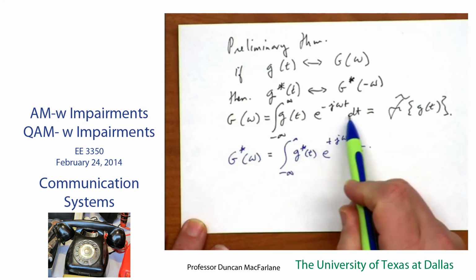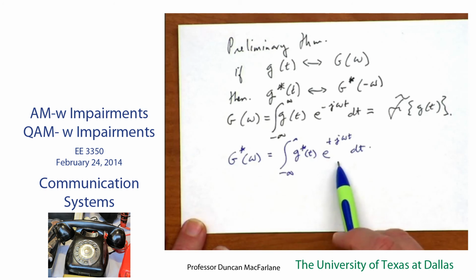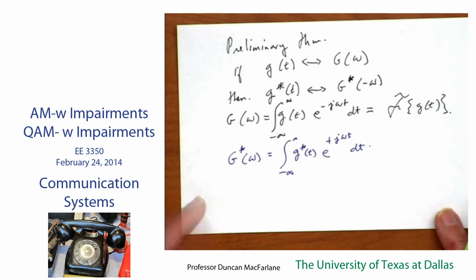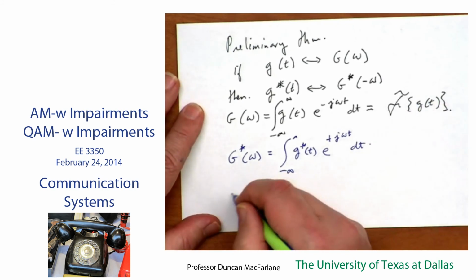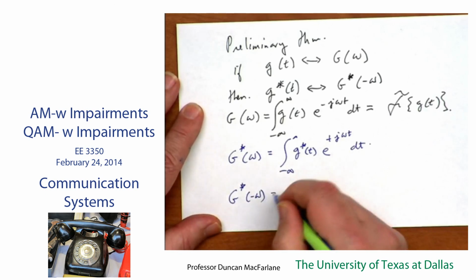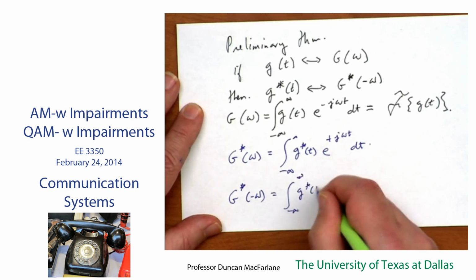So if I know this is true by the definition, and I go through and I complex conjugate the left-hand side, then I complex conjugate the right-hand side. And that means I turn that into a g star, and that means I flip the sign on that j, right? Okay? So if you want the j to remain negative, we have to use... Yes. So I want to know what the Fourier transform is. So now if I say g complex conjugate of minus omega, that's still g star of t.